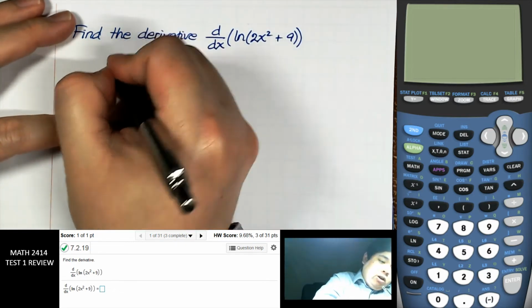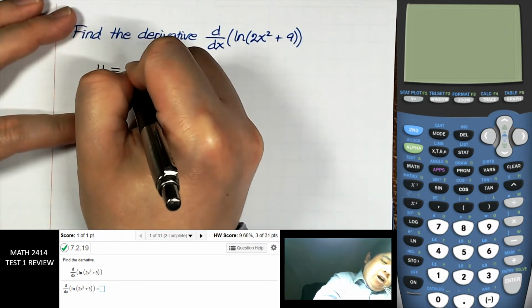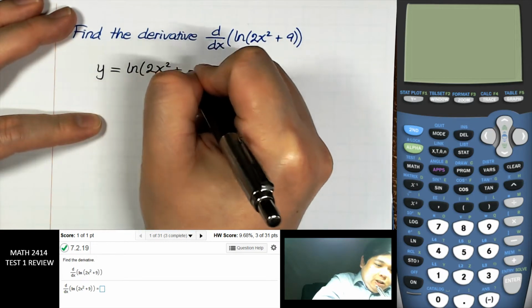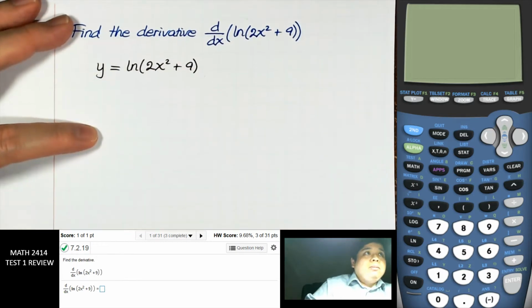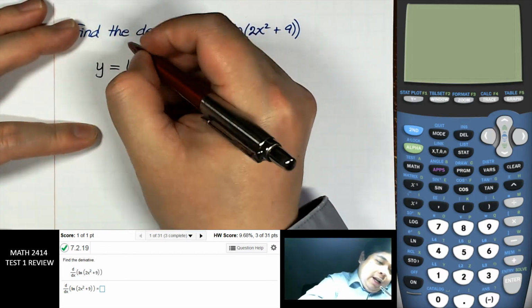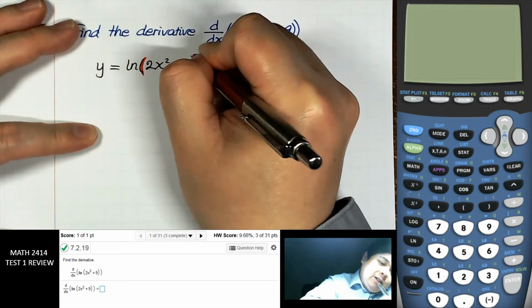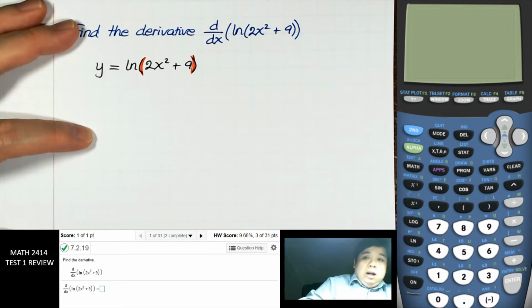Right, so we have a function, the natural log of 2x squared plus 9. The function is the natural log, the ln, so put the parentheses.